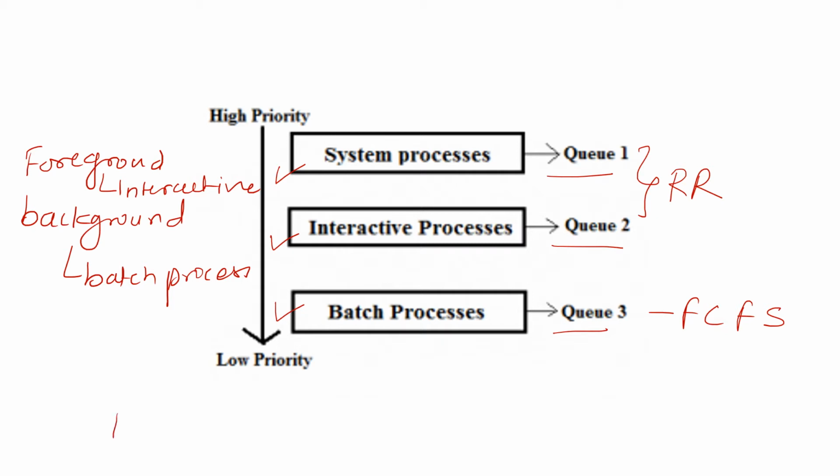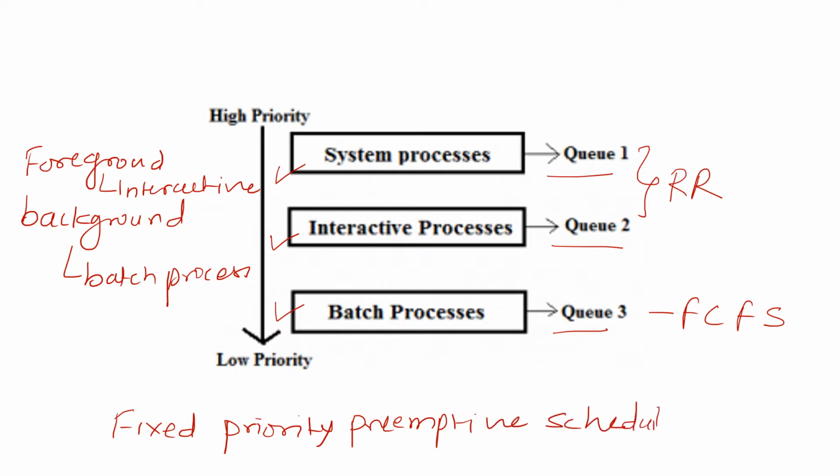The first method is called the fixed priority preemptive scheduling method, and the second method is known as time slicing. So first we will see the fixed priority preemptive scheduling method.